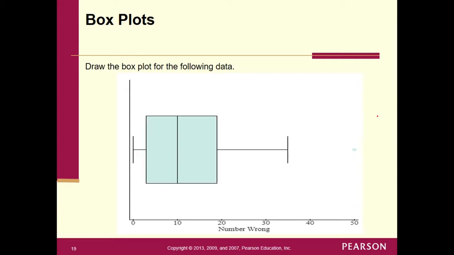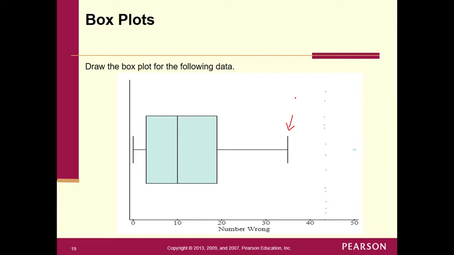Then the last step is that we have to draw these whiskers here. This used to be called a box and whisker plot. Sometimes I still see that. So we had the fence at 43. What this is representing here, I'll say this slowly, is the maximum value that's still inside the fence.